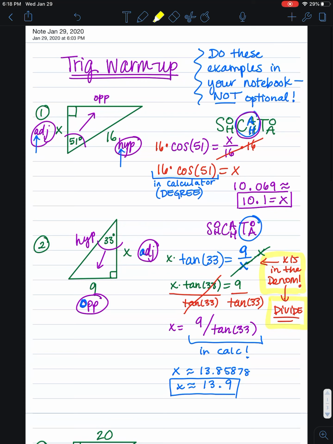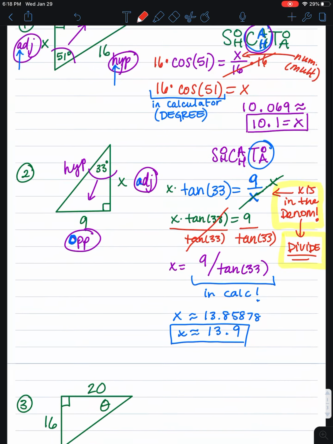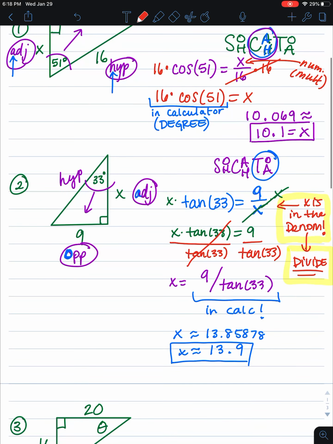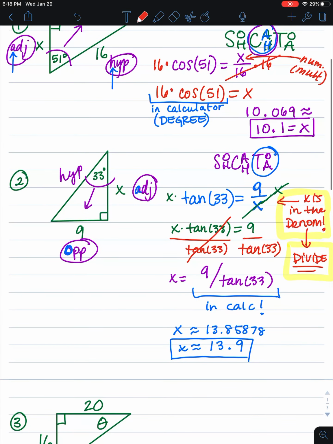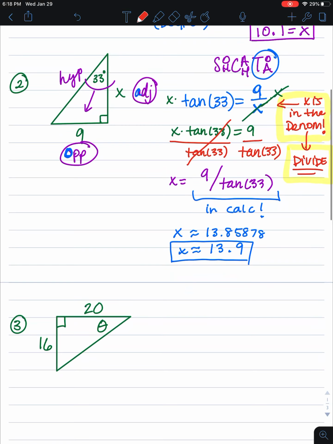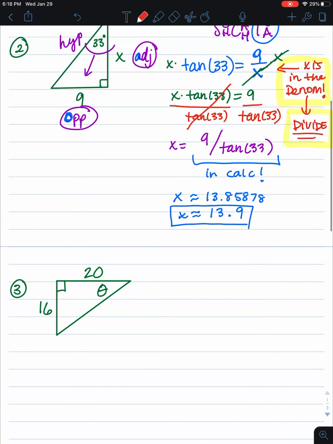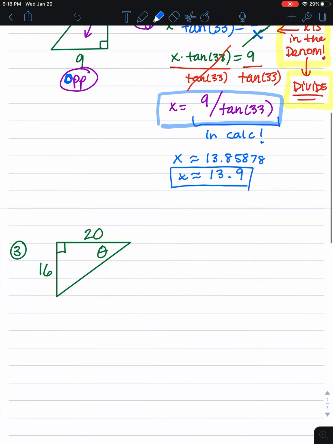As opposed to the previous example, look at where x was. x was in the numerator, and we multiplied. So those are little tricks to help you, trying to help you as much as I can. Got to help yourself, though. Got to do the practice on the homework. When x is in the numerator, you multiply. When x is in the denominator, you divide, just like I have right here. This is what your answer is going to be.